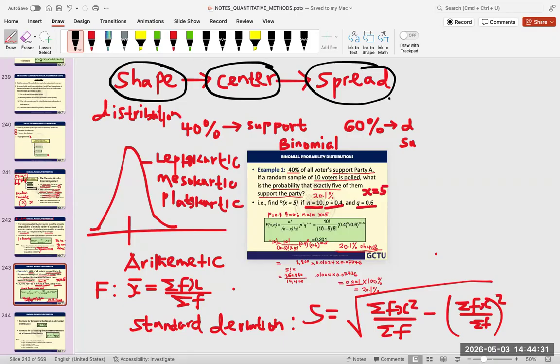Then from there, when we started the probability, we also looked at the shape by finding what we call the PDF.